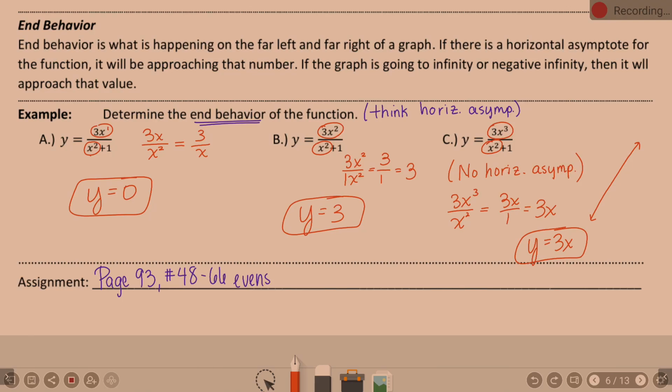What's happening as this goes off infinitely left and infinitely right, it's not following along a number. If I type in my asymptote, y equals 3x, notice that y equals 3x goes right through the center of that graph. And that's the end behavior it's following.